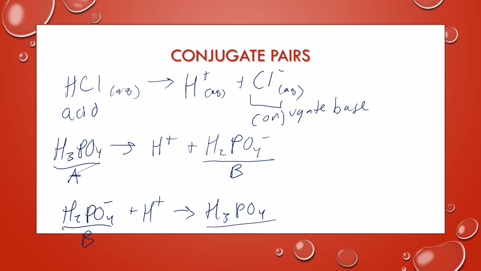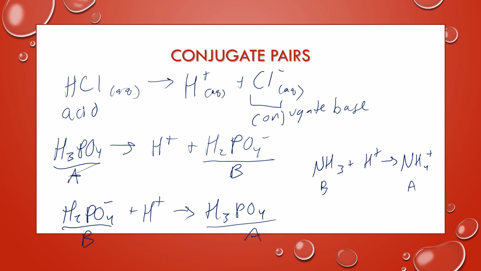What it forms is the conjugate acid. So bases, when they gain a hydrogen, form conjugate acids. In our ammonia example, NH3 can react with a hydrogen to form NH4+. The NH3 is the base, and the NH4+ is the conjugate acid.